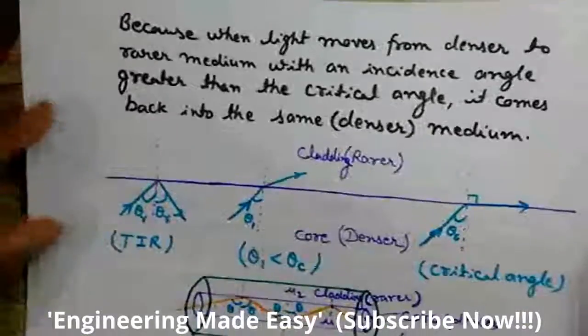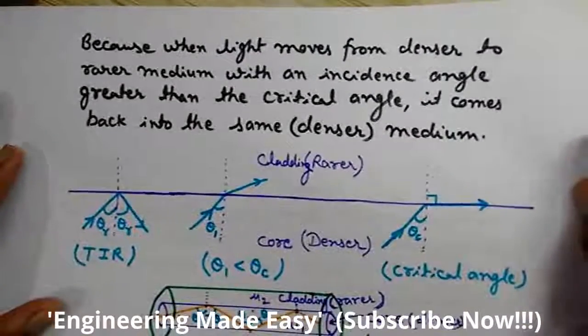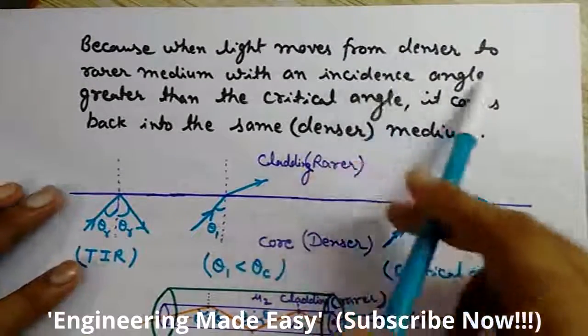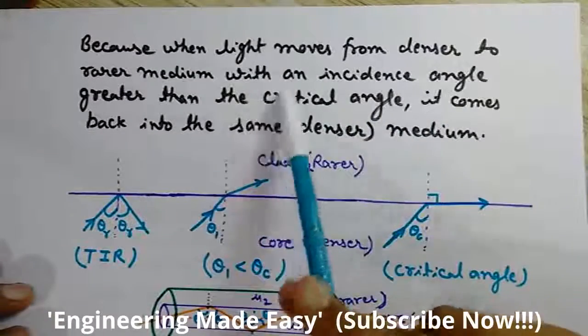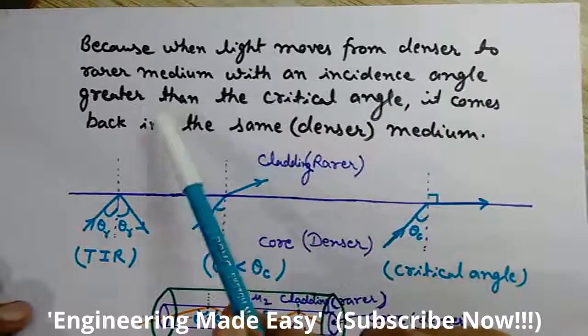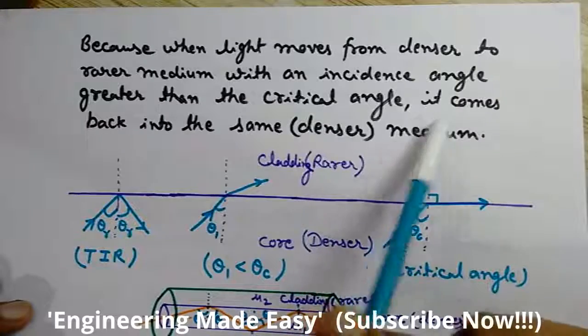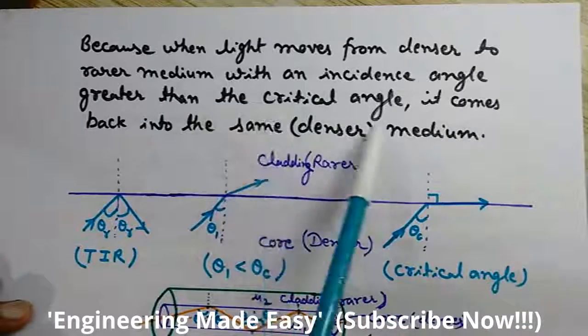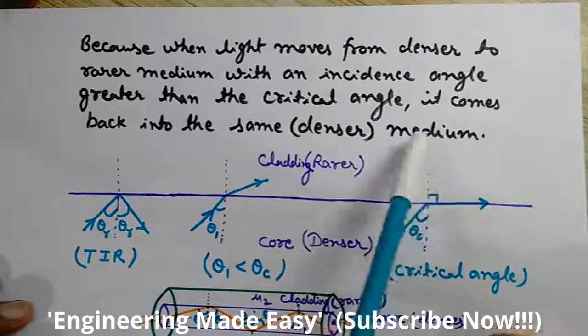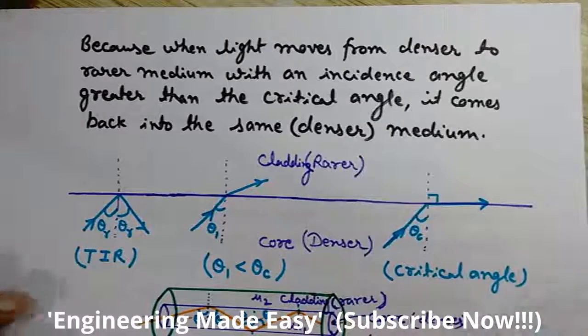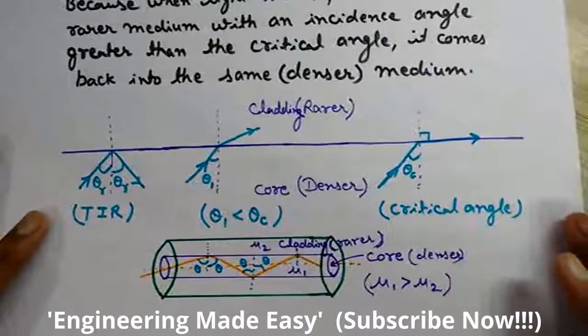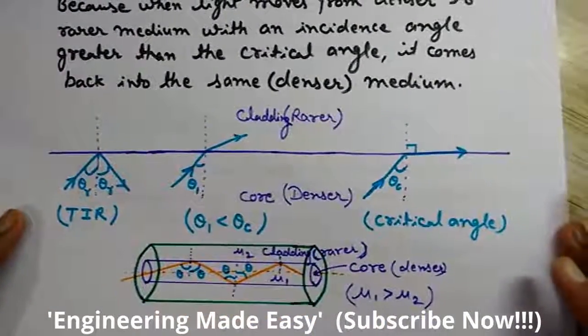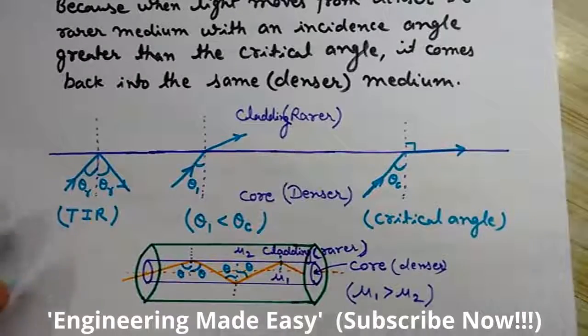If not, I will tell you. Because when light moves from denser to rarer medium with an incident angle greater than the critical angle, it comes back to the same denser medium. So how it takes place, I will tell you.